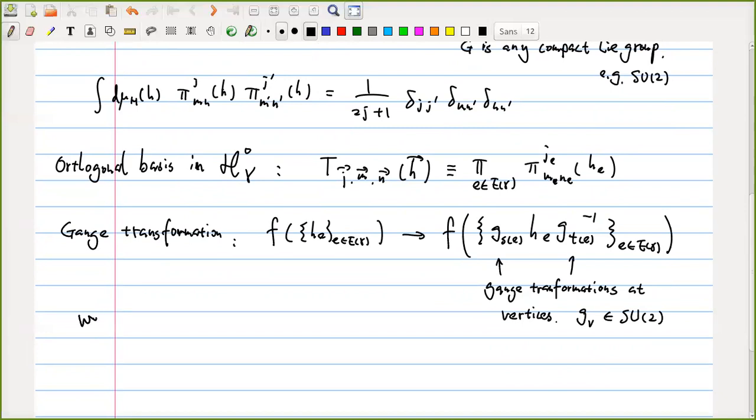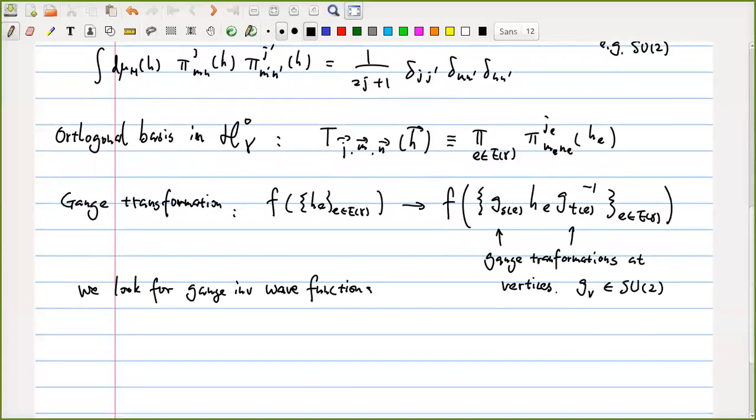So we look for gauge invariant wave functions. This is very natural because physics should not depend on gauge. And in the end, we should find all those gauge invariant wave functions and get a new Hilbert space, which is a subspace of the previous Hilbert space H gamma 0.